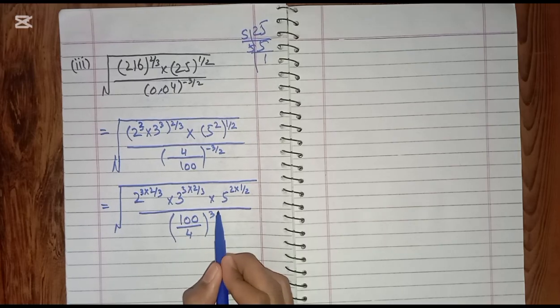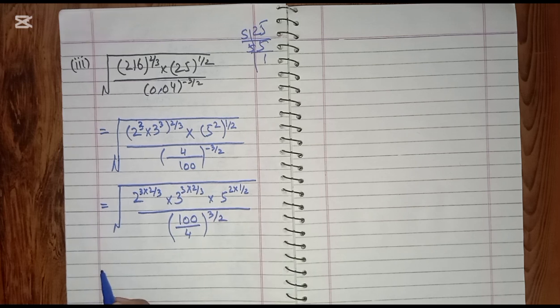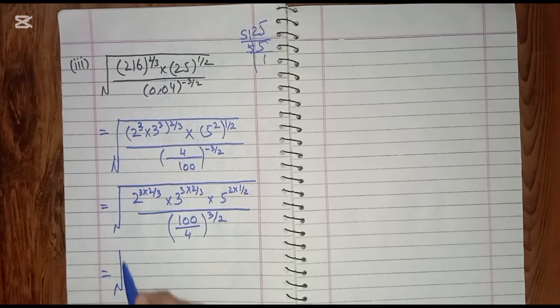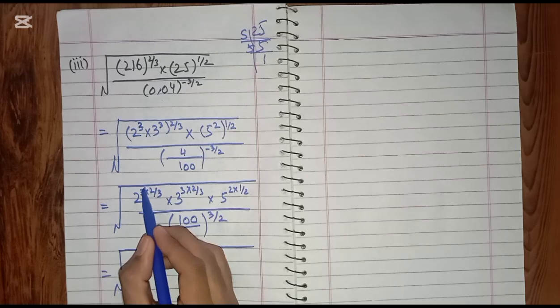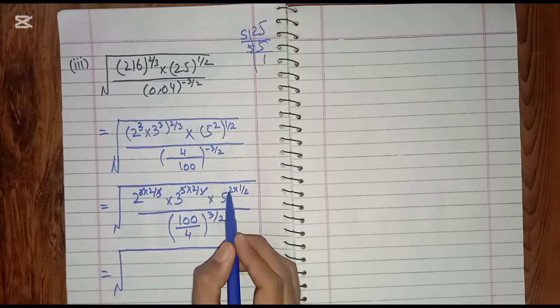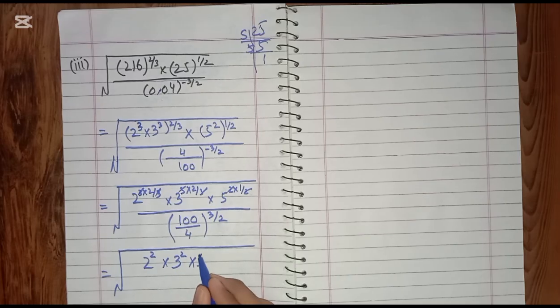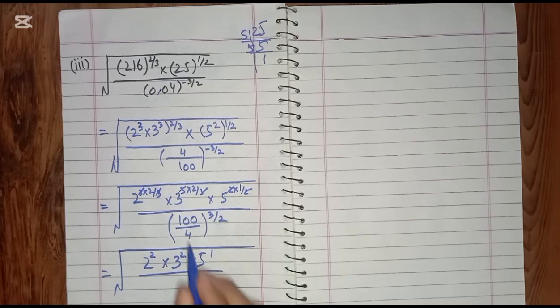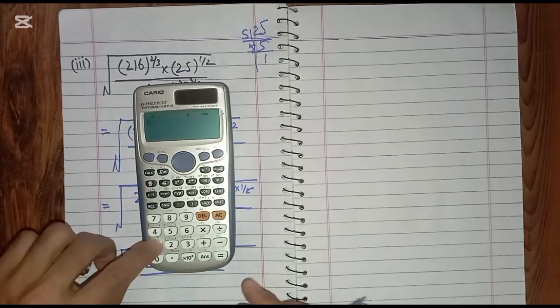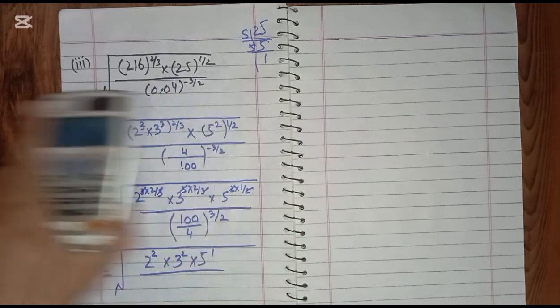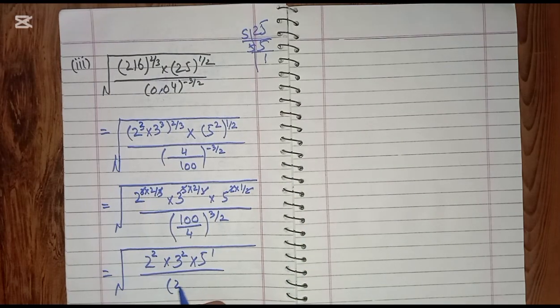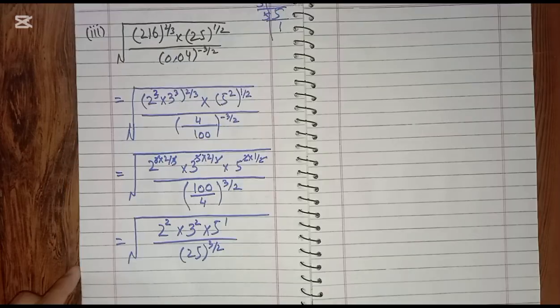This will become positive. Now in the numerator this power is cancelled out. Here only 2 power 2 multiply 3 power 2 multiply 5 power 1, and if we divide 100 by 4, we get 25, and its power is 3 by 2.